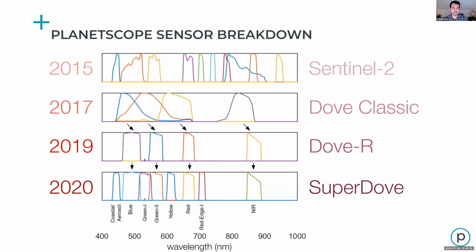You'll notice that it has a bunch of bands all throughout the electromagnetic spectrum. So starting to the left, this is blue, red, and green over here with some bands in between. But I wanted to show you where our bands stack up.